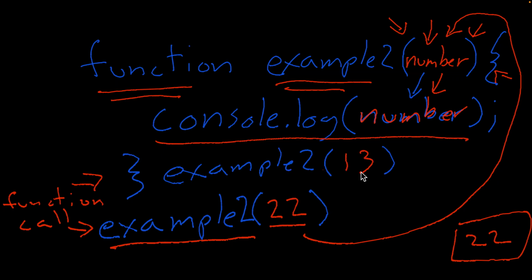So this function is actually going to run twice now. It's going to run the first time with the number 13, the second time with the number 22. So our console is going to have 13 and 22 in it. However many times you call the function with this invocation is how many times the function is going to run.